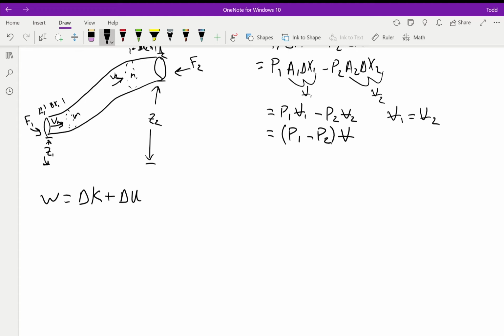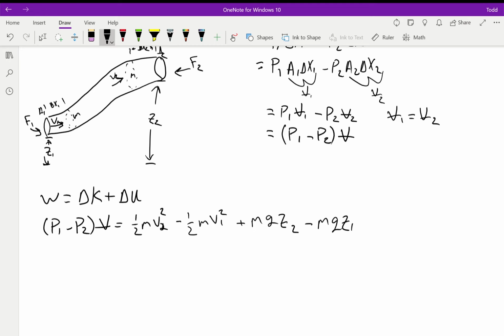And we can rewrite this equation as P1 minus P2 times volume equals 1/2 mass times velocity squared of 2 minus 1/2 mass times velocity squared of 1, plus mass times gravity times height of 2 minus mass times gravity times height 1.